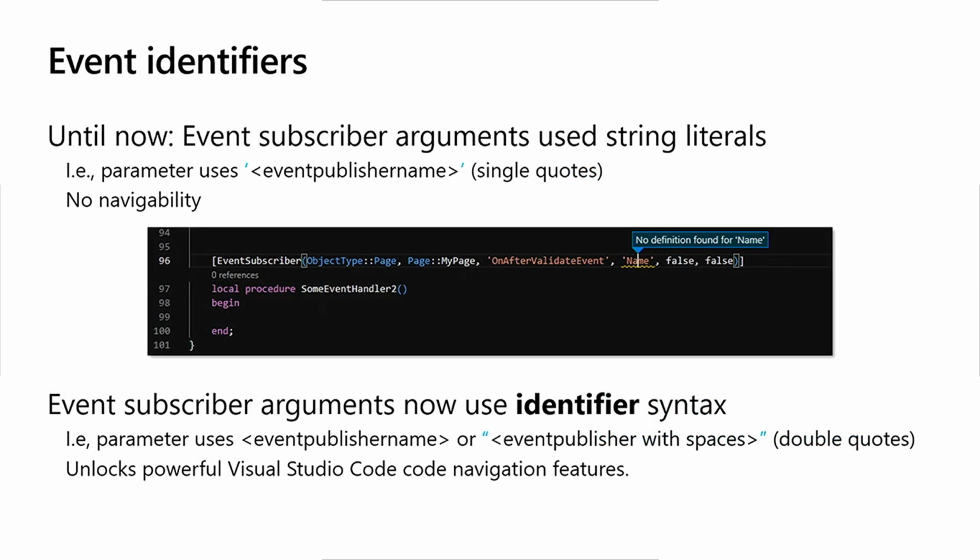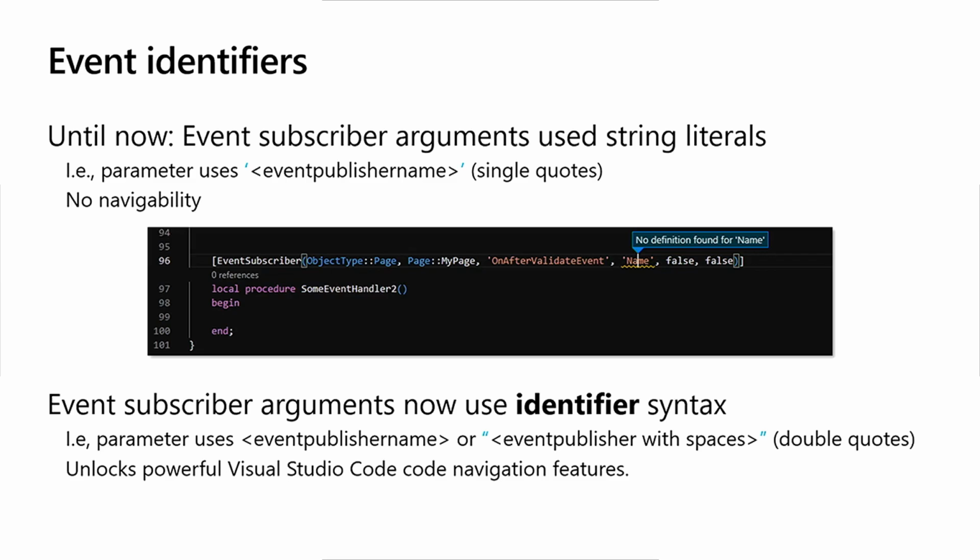We've also changed the way we use identifiers in events. Normally today you would specify the event publisher by specifying a name in a string, and that works, but it's perhaps not what we wanted. We wanted it to be a symbol.